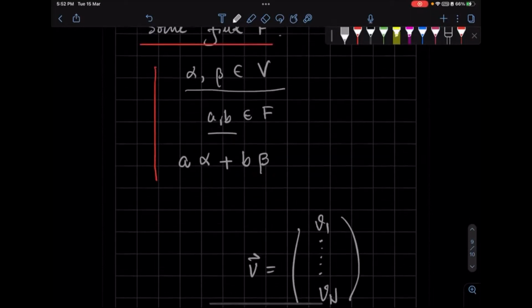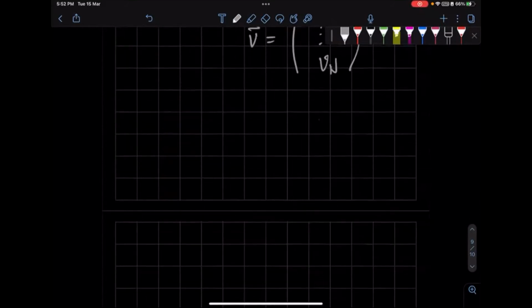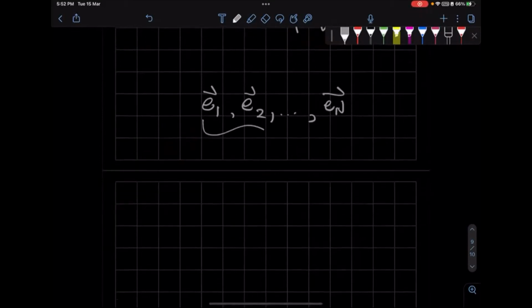A vector is an element of a set that satisfies certain axioms, the axioms of a vector space. And when we introduce in that vector space some orthonormal basis, which means some set of basis vectors, then any vector in that vector space can be expressed as a linear combination of these. That's what a basis is.